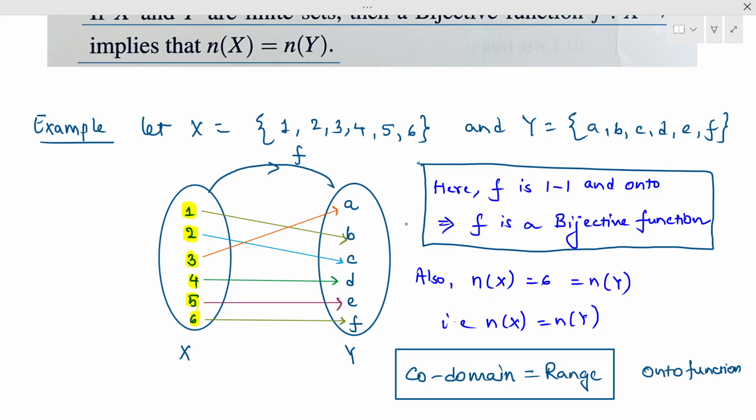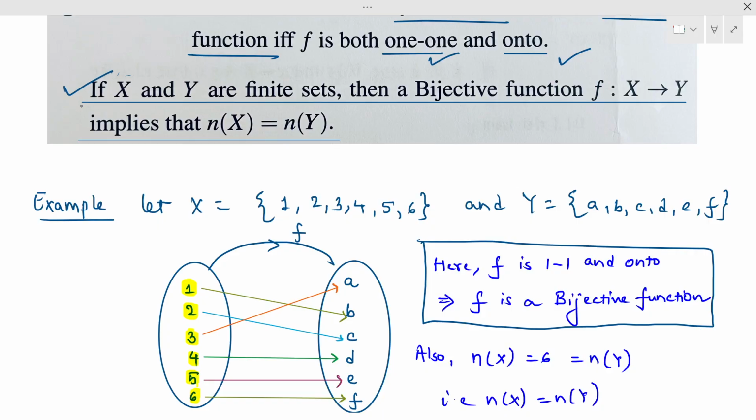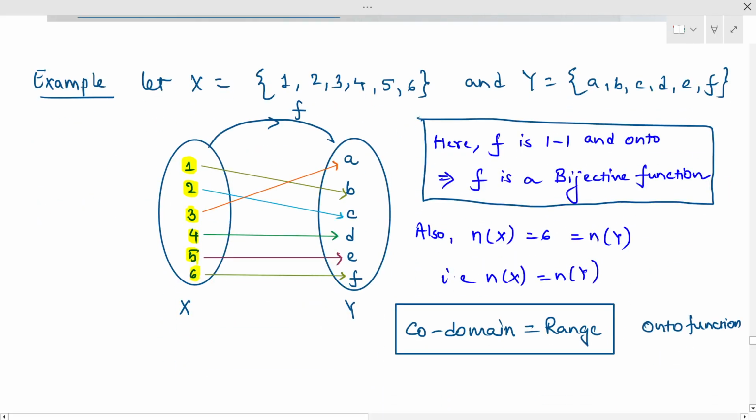These concepts are very important as they are asked in your board as well, okay? And one more thing, the second note, that is this. You can see from here that the number of elements in set x is 6, which is the same as the number of elements in set y, right?